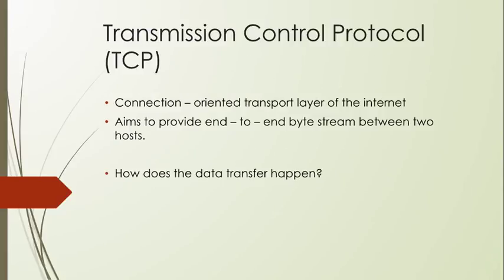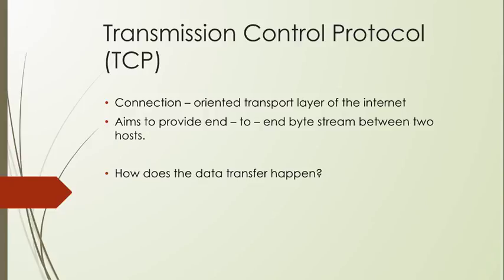Now, Transmission Control Protocol. It is the connection-oriented transport layer of the internet. So what does connection-oriented mean? It means that to connect two stations or two ports, a connection should be established first, just like in the telephone.